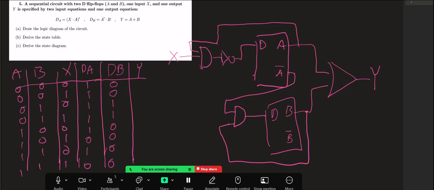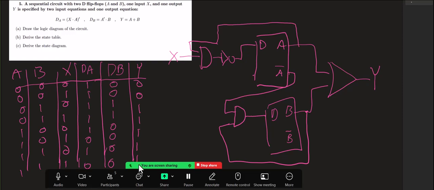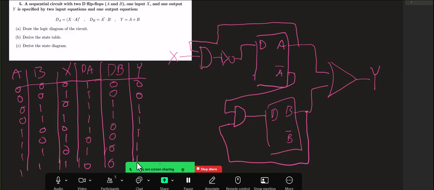Y should be 1 all the way down. Only the first two would be 0.